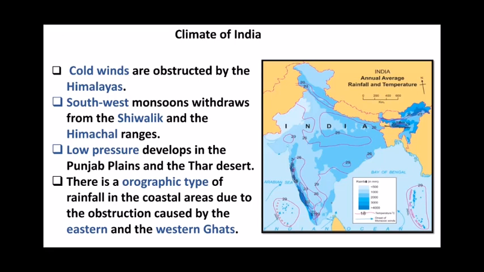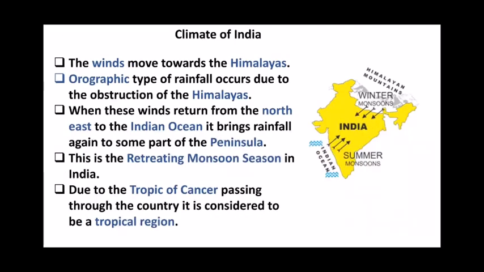These winds blow parallel to the Aravallis. As a result, rainfall is low in parts of Gujarat and Rajasthan. Later, these same winds move towards the Himalayas.